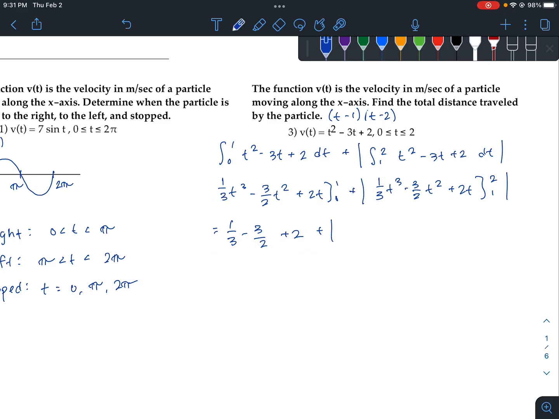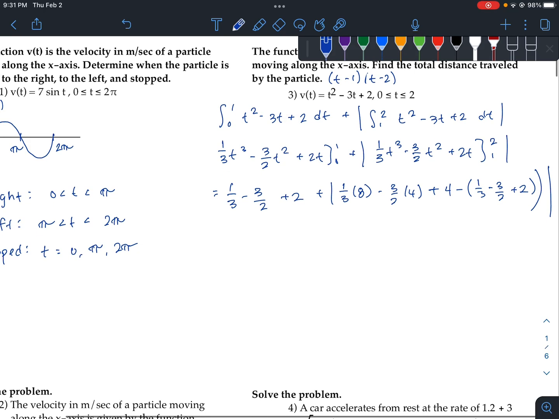But if I include my upper bound here, my upper bound is 2, so this is going to be 1/3 times 8, because 2 cubed is 8. And then I'm going to have minus 3/2 times 4, since 2 squared is 4, plus 2 times 2, which is going to be 4. Then I'm going to subtract, now I need to plug in 1 to my lower bound, so subtract 1/3 minus 3/2 plus 2, since if I plug in 1, those are my values, and that's my absolute value.